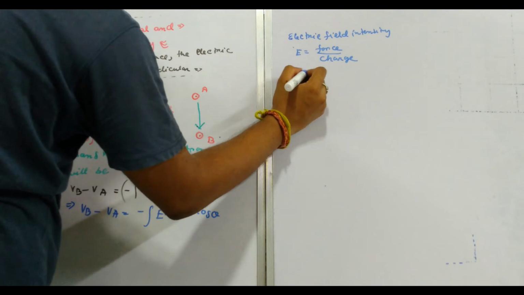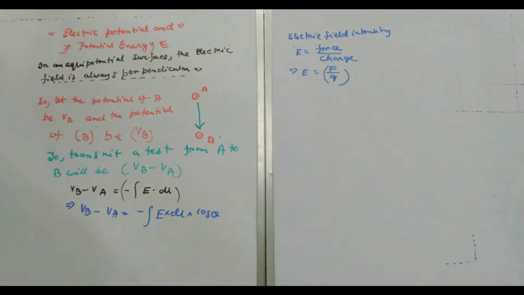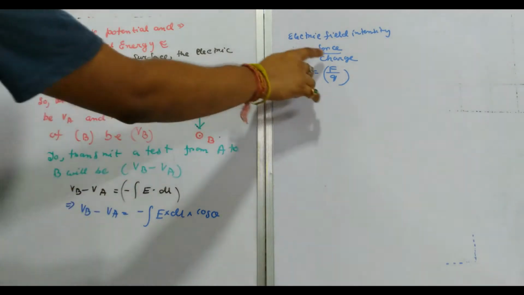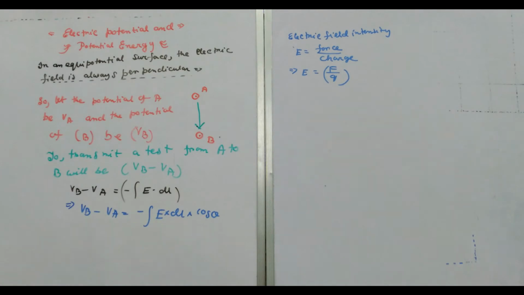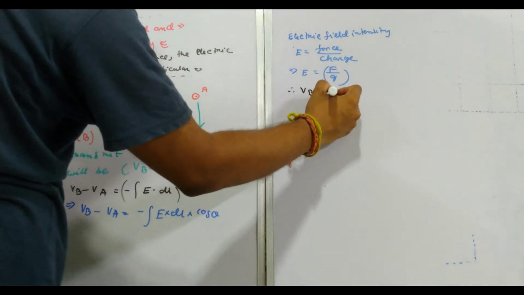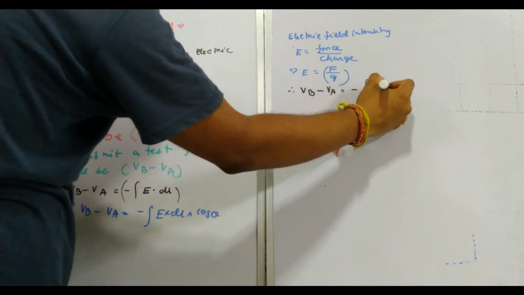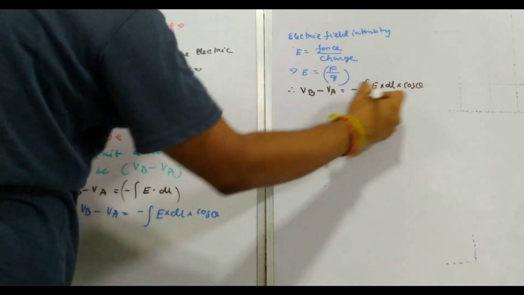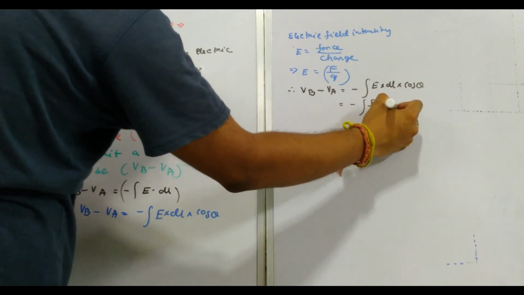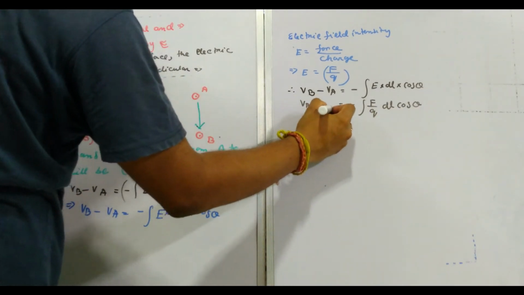So this will be F by Q. Now if we replace the value of E with the help of F by Q, then the total term can be written as VB minus VA. This will be minus of E into dl into cos of theta, and it will look like minus F by Q dl cos of theta, that is VB minus VA.